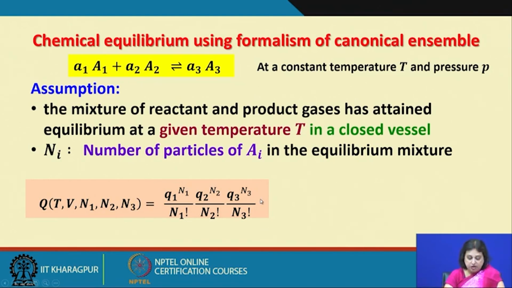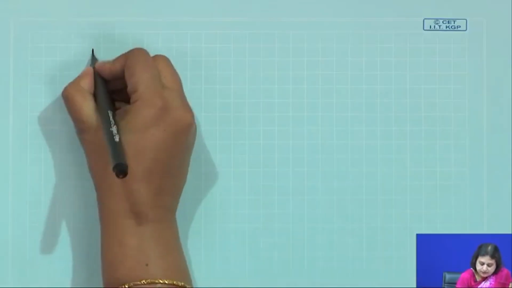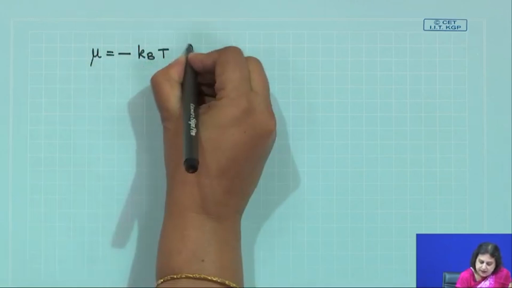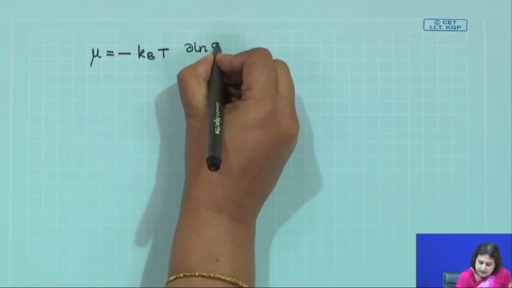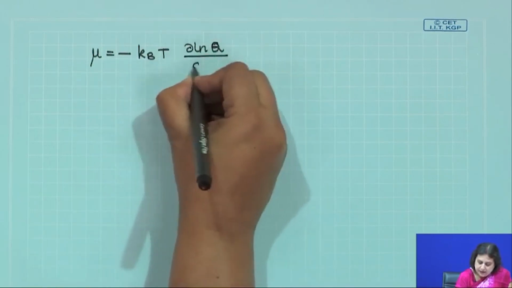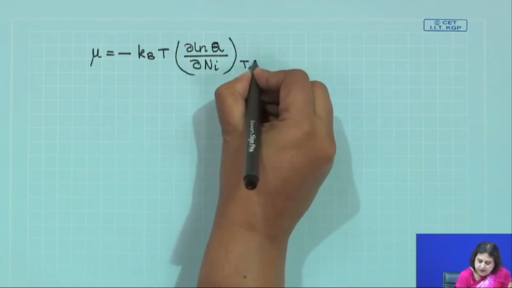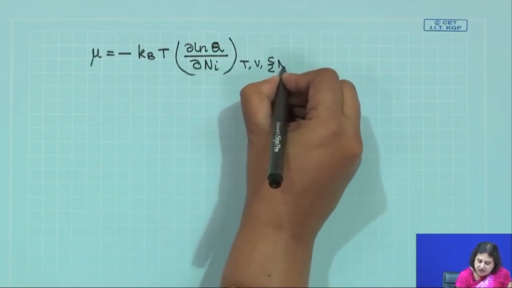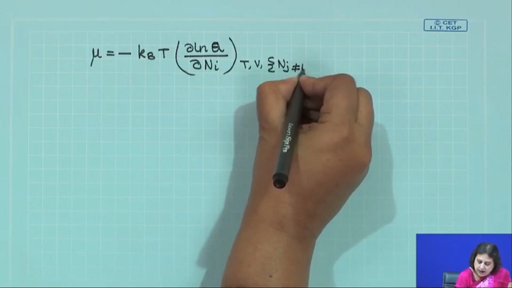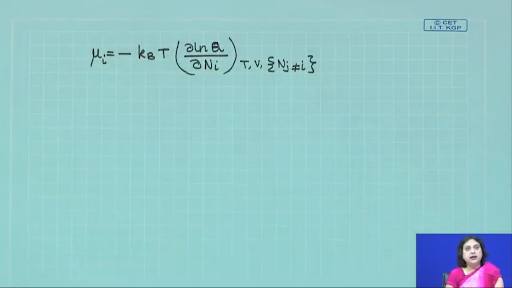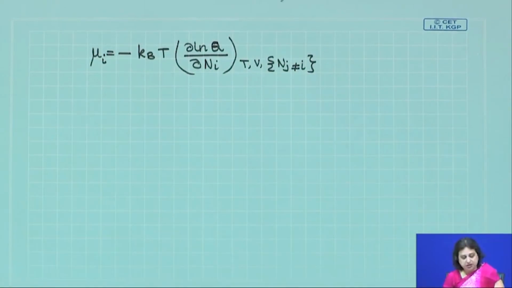Now, by definition we know that mu is equal to minus kBT del ln capital Q del Ni, keeping T, V and all Nj's not equal to i constant, and this gives me mu i, or the chemical potential of the ith component in the equilibrium mixture.